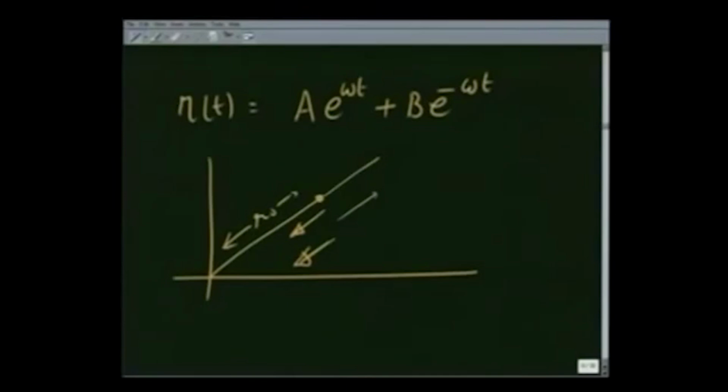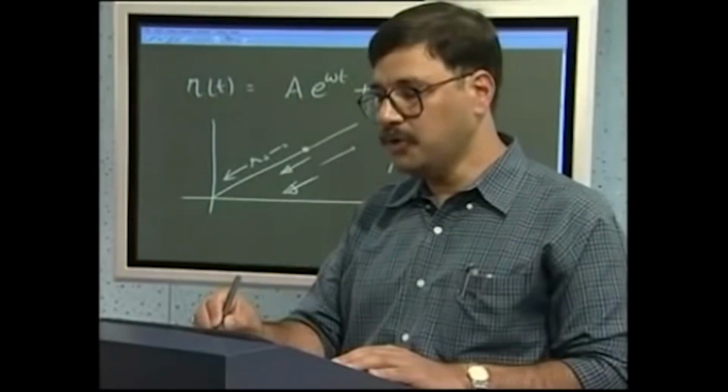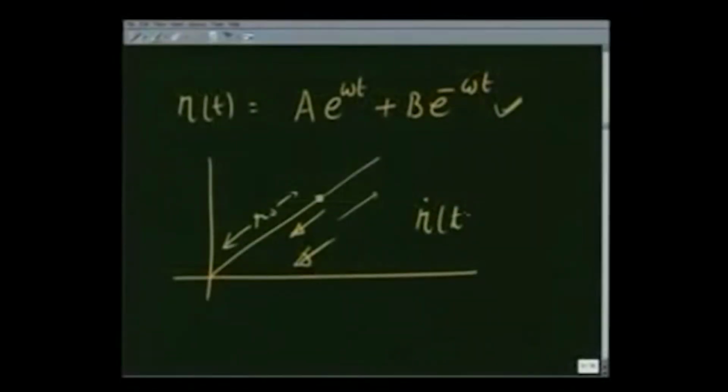This is just an interesting application of this solution. So, what I am asking is, what should r naught at t equal to 0 be so that r dot is always less than 0, that is, r keeps on decreasing.